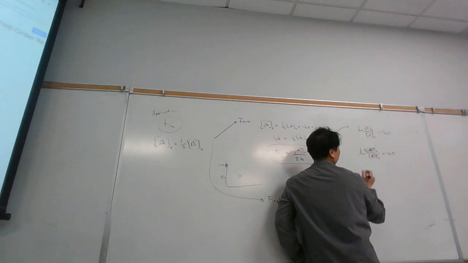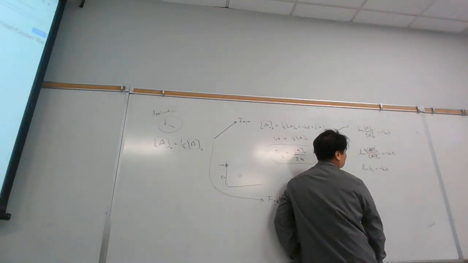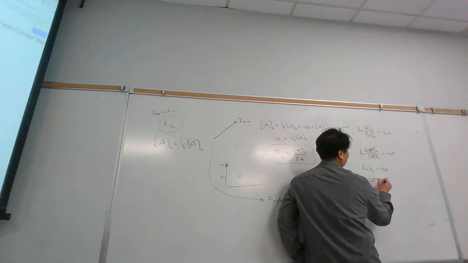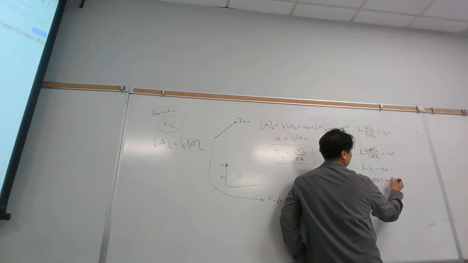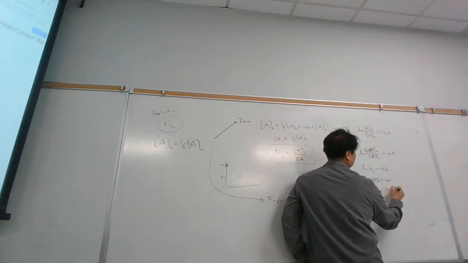And so A0 cancels out and we get ln of 1/2 is equal to minus kt. ln of 1/2 is negative 0.693, equal to minus kt. t 1/2 is equal to 0.693 over k.